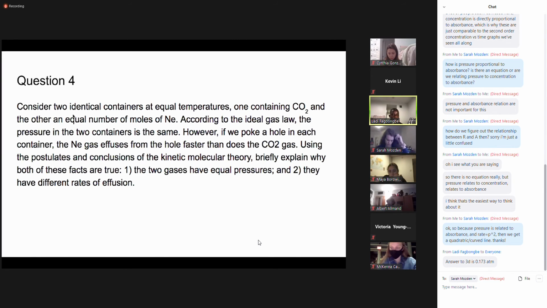So I'm going to go ahead and go over it. So question 4, we're talking about carbon dioxide and neon in equal moles at equal temperature in identical containers.